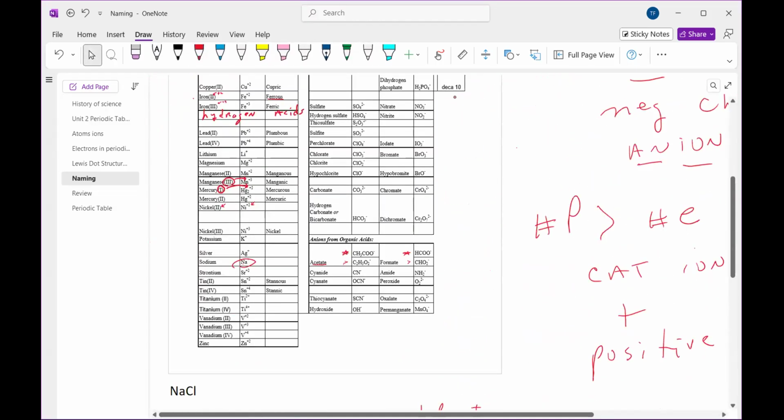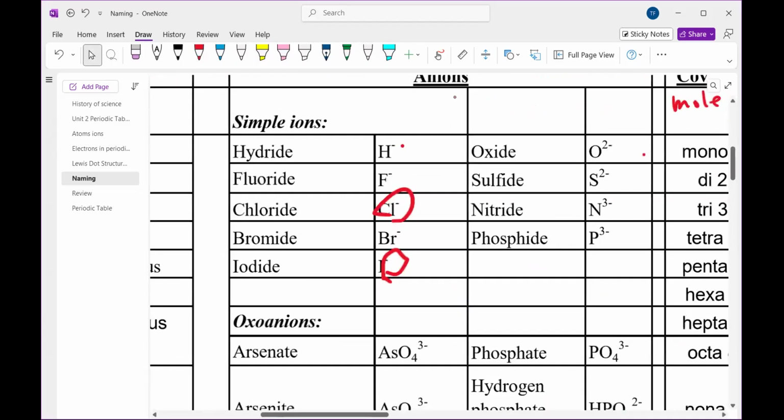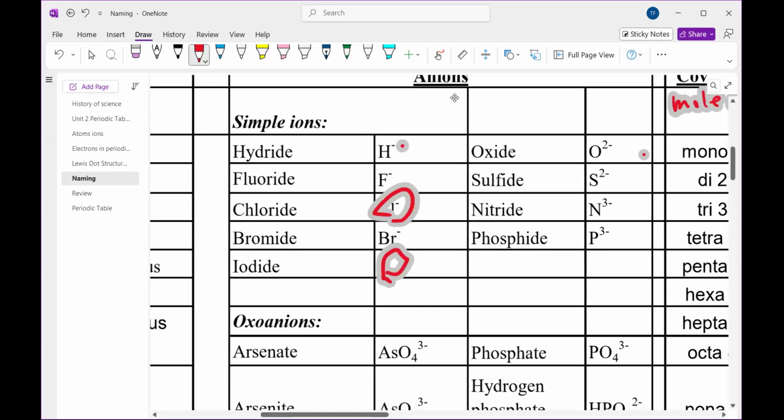And if you look on your chart, you're going to need this chart for your drylab.